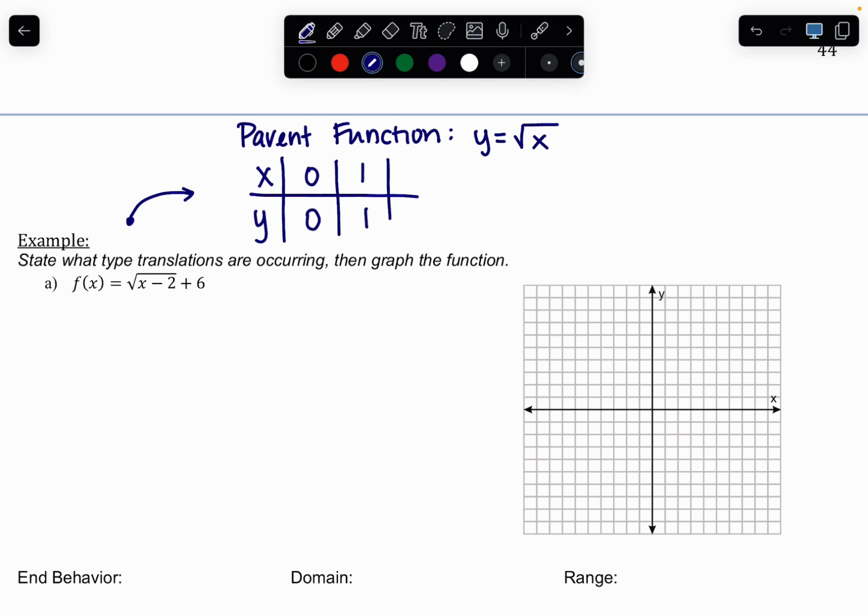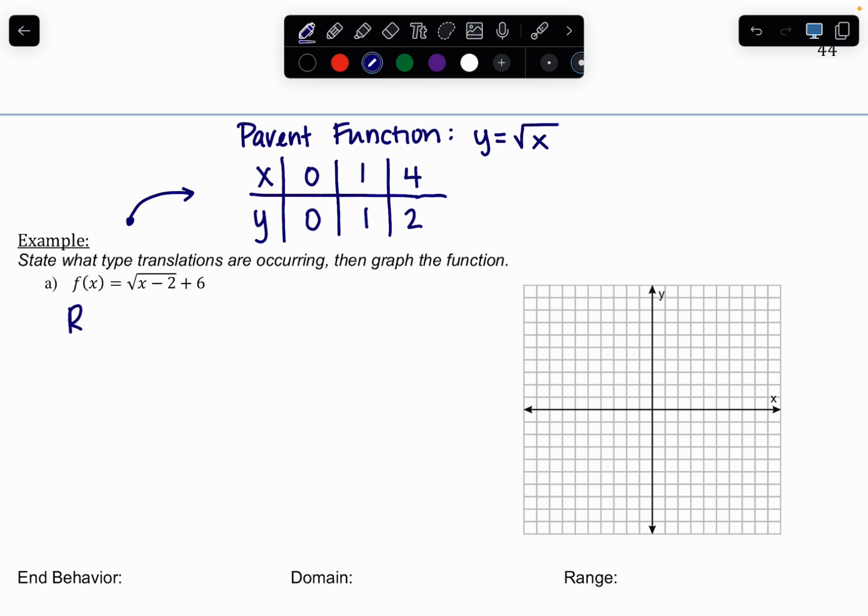What's the next number we can take the square root of? 4. The square root of 4 is 2. Okay. So remember, it's backwards of a parabola, right? This will help us with finding our points once we start graphing it. Okay, when you're doing it by hand. Again, I'm okay with you using the table in your graphing calculator. So, looking at our function, f of x equals the square root of x minus 2 plus 4. How is the graph moving?